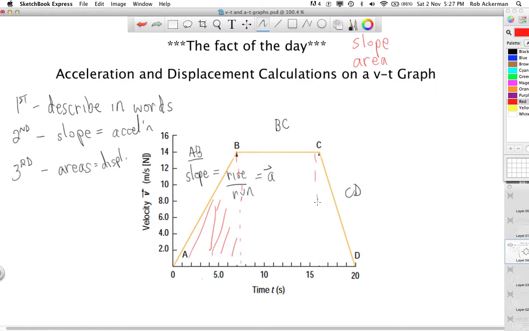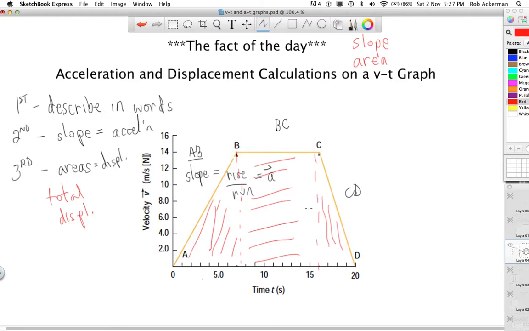Find the area in BC, which will be rectangular, and then find the area in CD, which once again is rectangular, and see what you get for the displacements in each area. And then I'd like you to use that to find the total displacement. Once you have all 3 displacements, you can add those up and see what the total is.